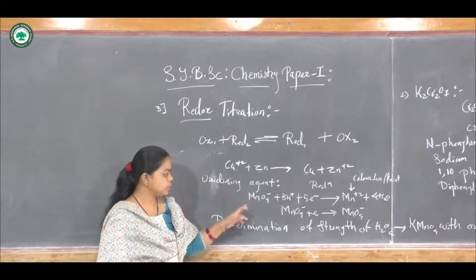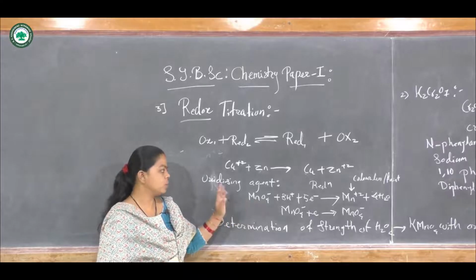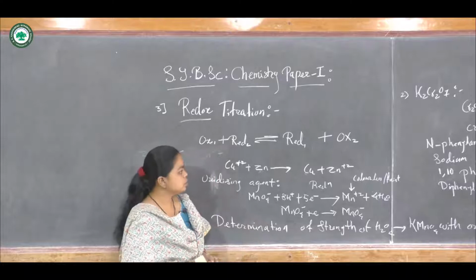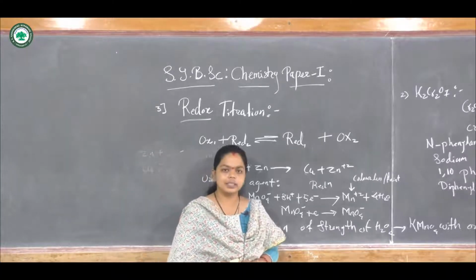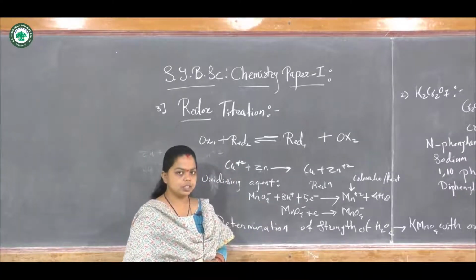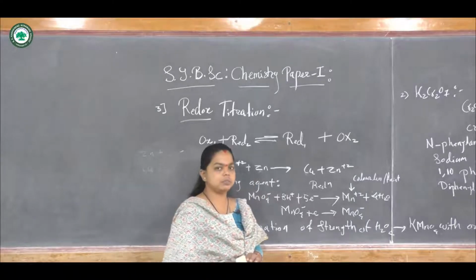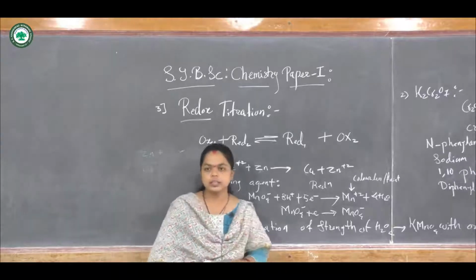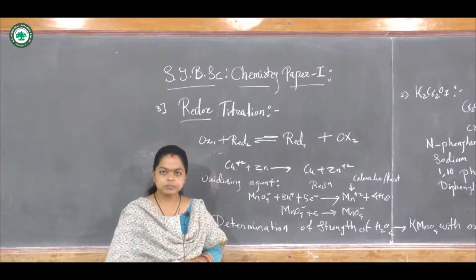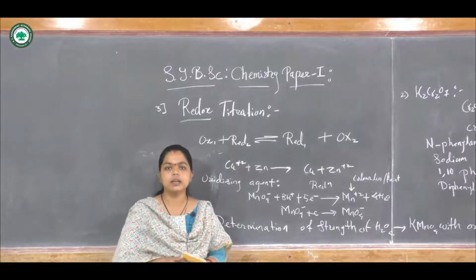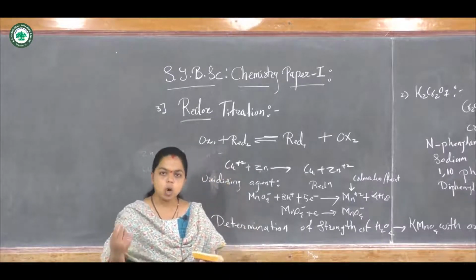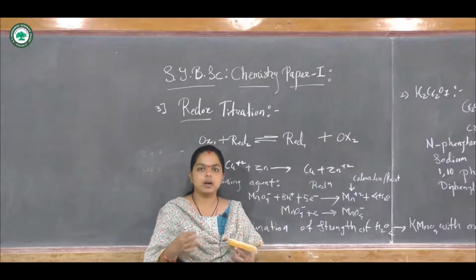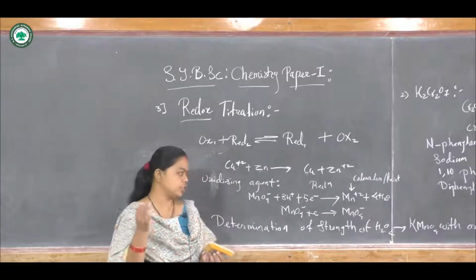Potassium permanganate is found to be a strong oxidizing agent, and potassium dichromate also acts as a strong oxidizing agent, but there are some differences between these two compounds. KMnO4 is purple in color and acts as a self indicator, because it is a strong oxidizing agent and shows a color change after a certain change in the oxidation state.